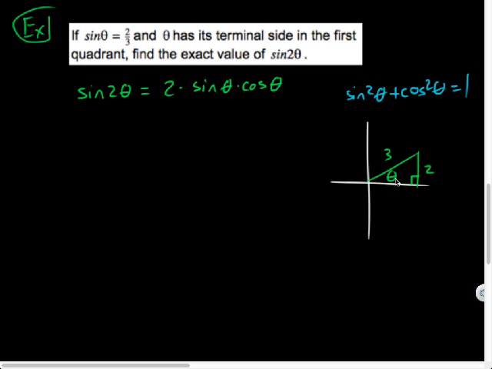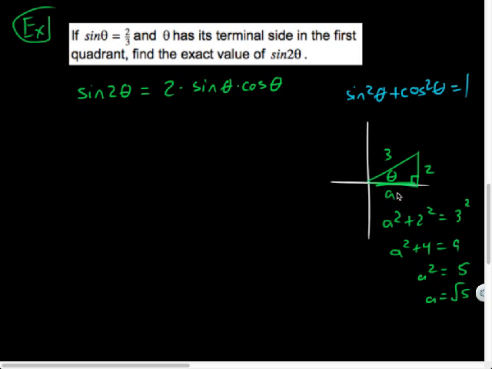So if I want to find cosine from this angle's perspective, I just need to know what the adjacent is and relate that to the hypotenuse, right? So how could I quickly find that? Well, it's still going to be kind of the same work. If I call this a for adjacent, I would just do a squared plus 2 squared equals 3 squared, right? So a squared plus 4 equals 9, a squared equals 5, a is equal to the square root of 5.